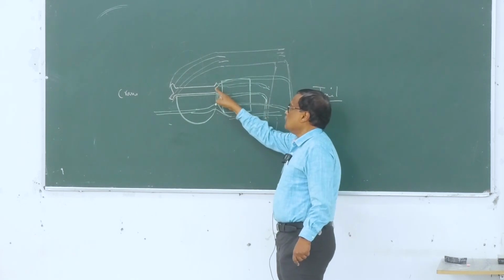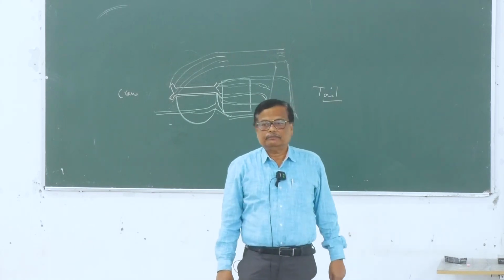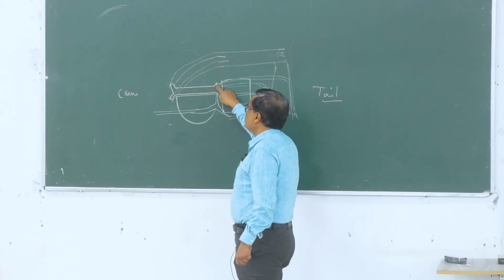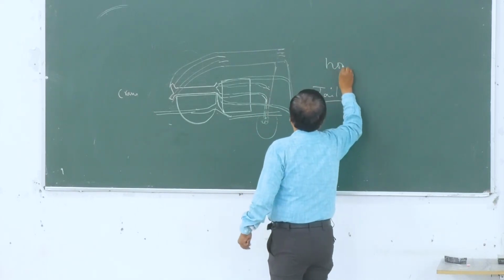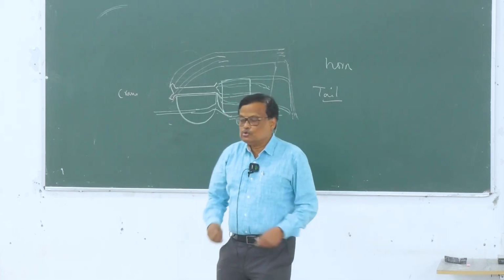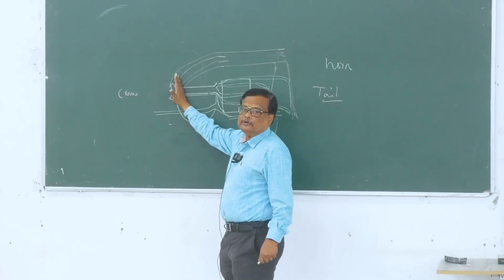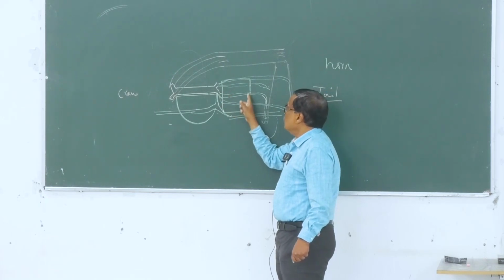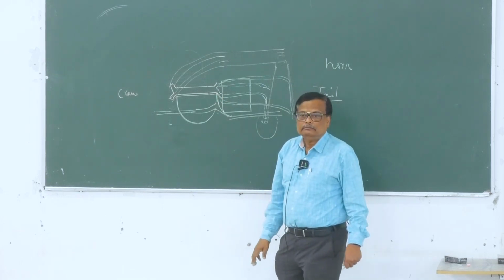So in each horn, this part of the heart tube will develop the sinus venosus, and we call this bifurcated end the left horn of the sinus venosus, horn, H-O-R-N, and the right horn of the sinus venosus. So it is the venous end of the heart tube, and this is the arterial end of the heart tube. In each sinus venosus drains one vitelline vein, one umbilical vein, and one common cardinal vein.